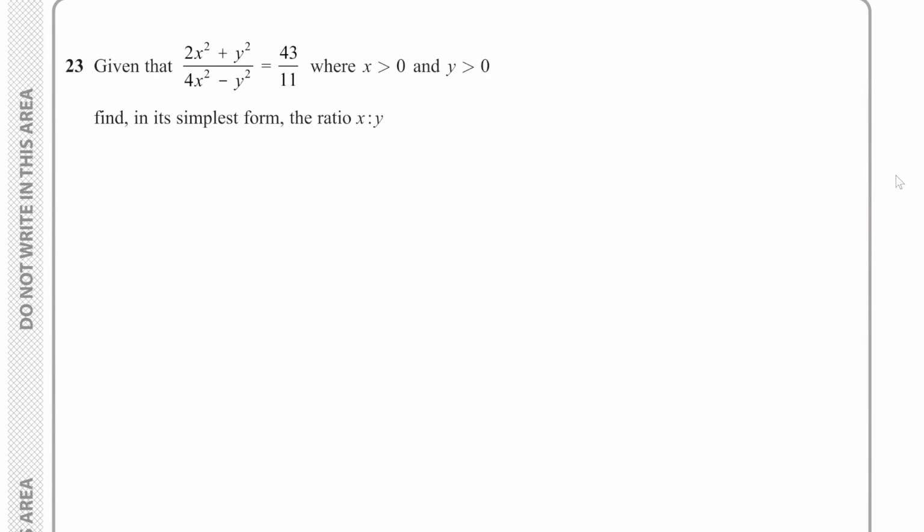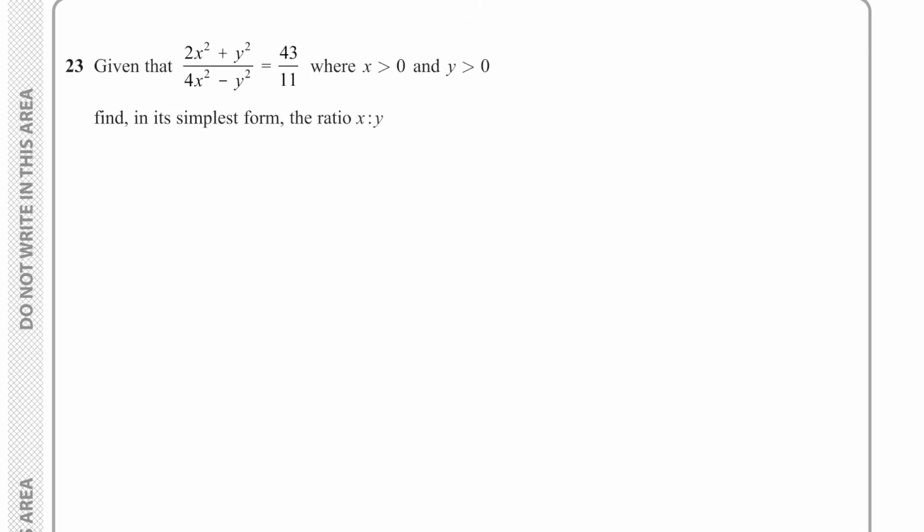Question 23. Given that 2x squared plus y squared all over 4x squared minus y squared is equal to 43 over 11, where x and y are greater than 0, find in its simplest form the ratio of x to y. So let's just start simplifying this and see where we end up.